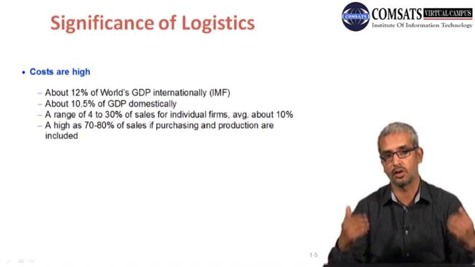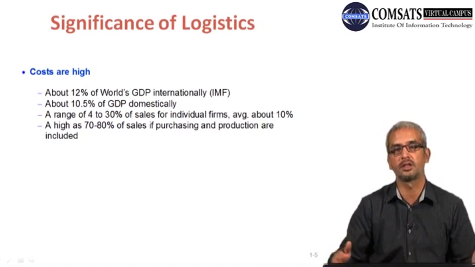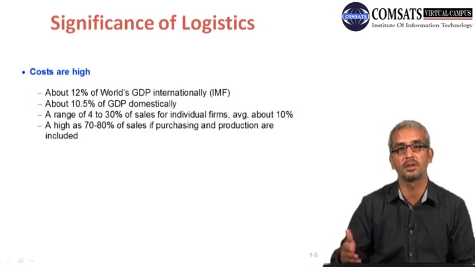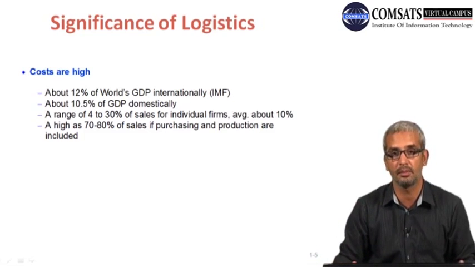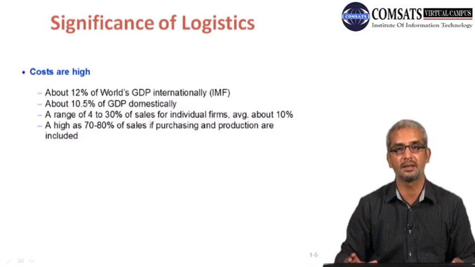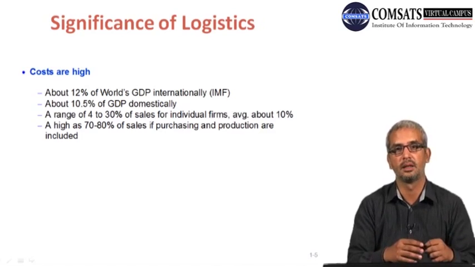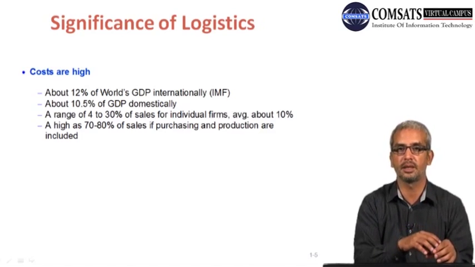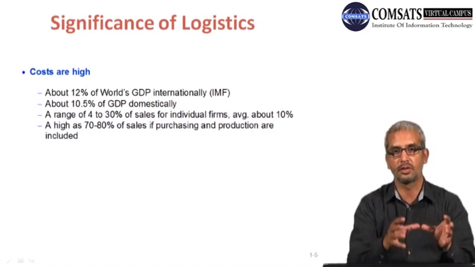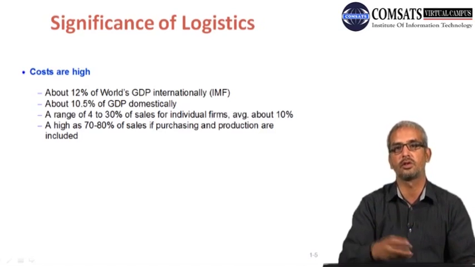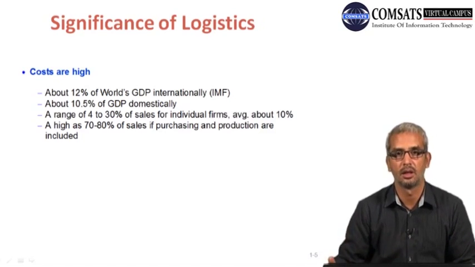But even if that cost is lower, the total cost of logistics across the globe was predicted to be 12% of the total world's GDP, which is a very big amount. So as trade expands across the globe, the cost of logistics per trade is decreasing with improvement in technology, but within the total cost of trade, the cost of logistics contributes a lot.